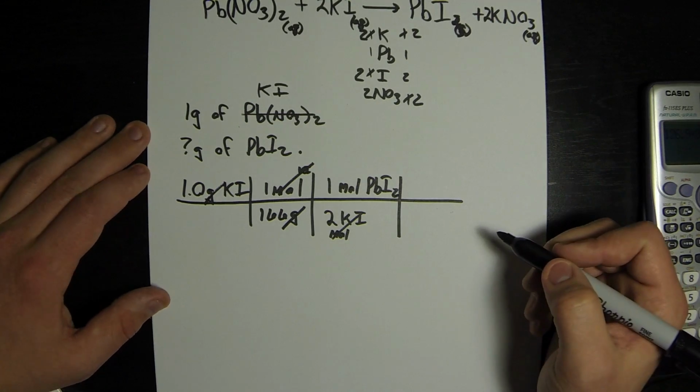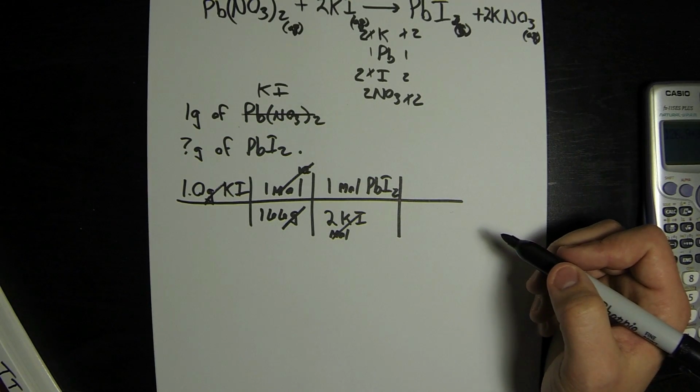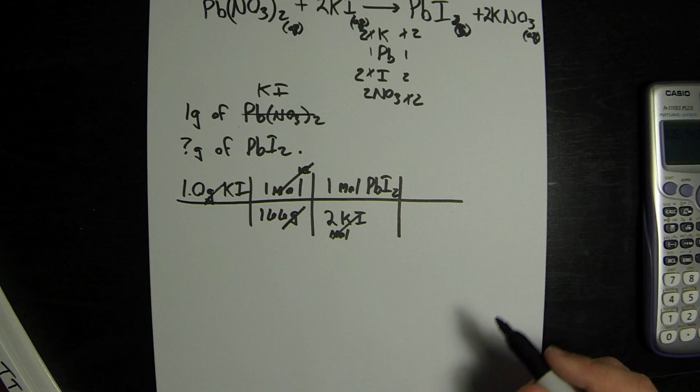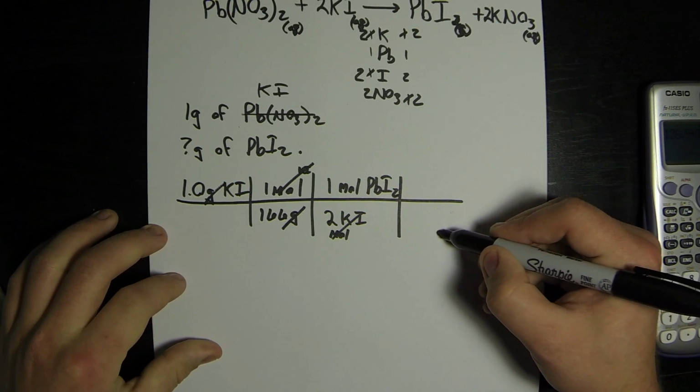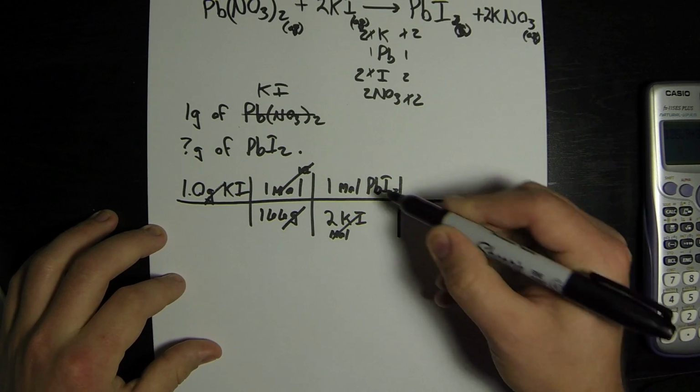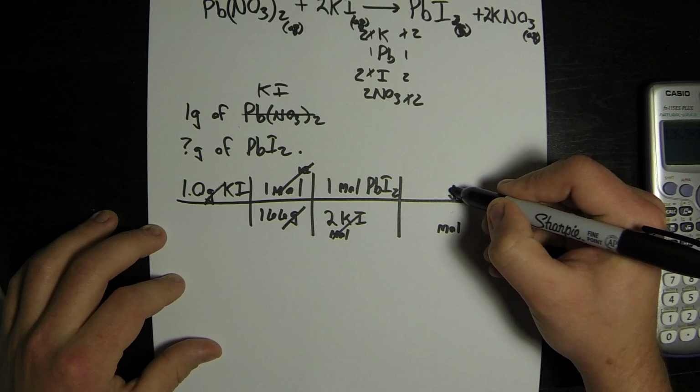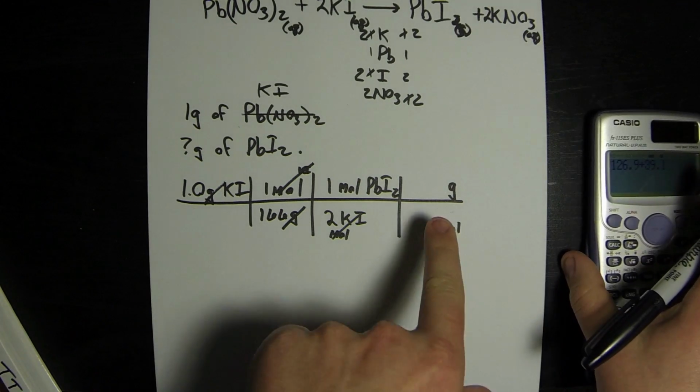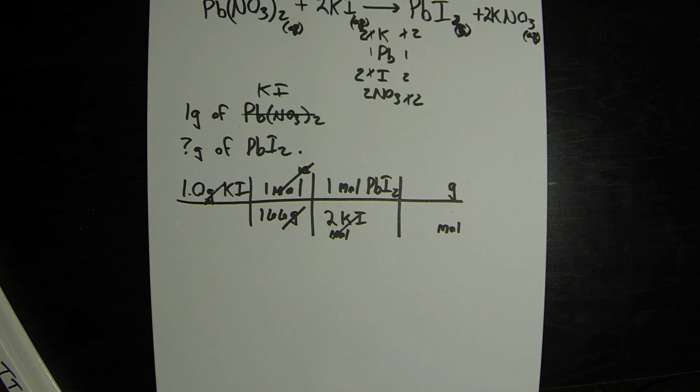Moles of lead iodide. We need to convert that into grams. So we're going to have moles down here on the bottom, because I want these moles to cancel with those, and grams up here on the top. We need to get this off the periodic table. So iodine weighs 126.9.